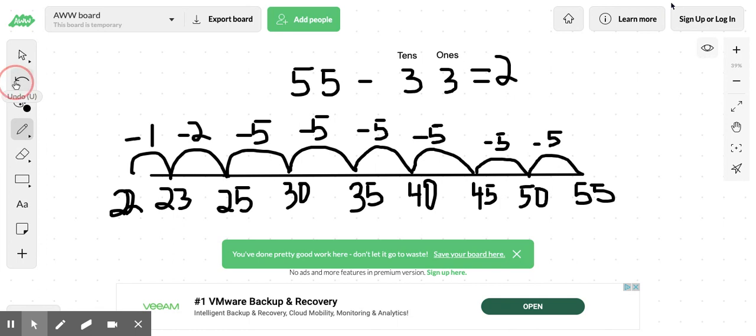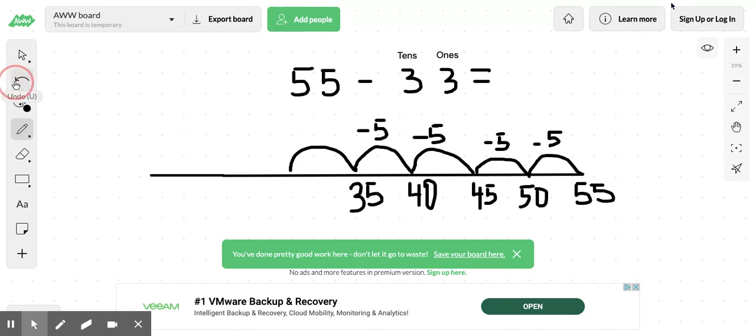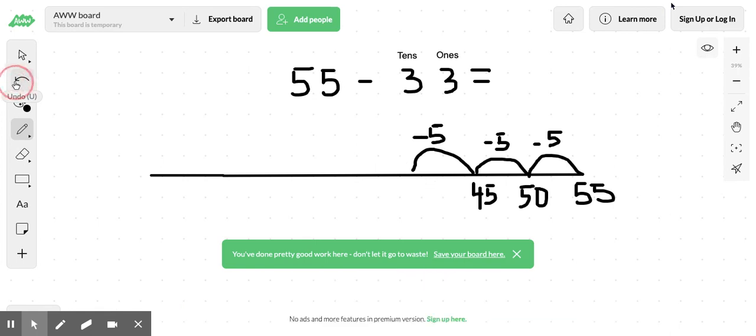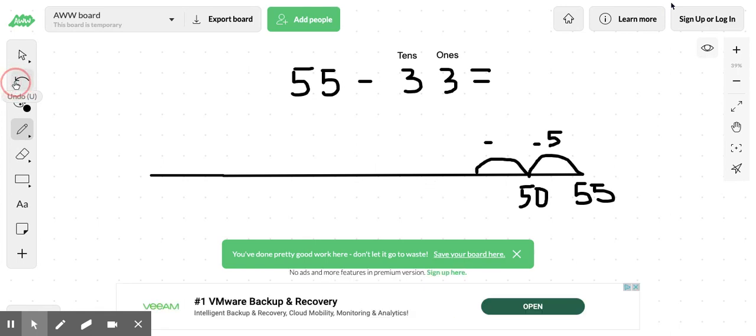Again, if you feel comfortable, you can definitely use higher numbers to do your jumps. So we can quickly look at that as well for the same question. It's only up to you and your comfort level. Let's try that again. All right, so 55 subtract 33, we can go down 3 tens. So we can jump down by, let's say, 10s now, -10. 45.